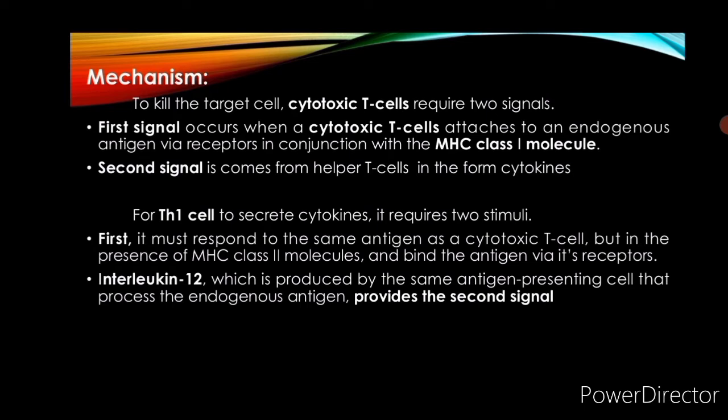IL-2 attaches to IL-2 receptors on the surface of cytotoxic T cells, causing them to generate additional IL-2 receptors in return. The interaction of these signals activates cytotoxic T cells, which divide and form a new population of cytotoxic T cells, resulting in the cell-mediated response.